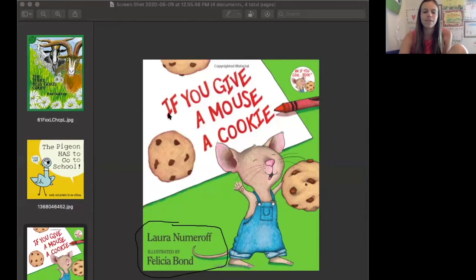Silly, silly. Let's try these big words up here. If, good, you, yep, that's you. Give, yep, that word works. A, mouse, yep. A, cookie. That works. Those letters match up with the sounds.